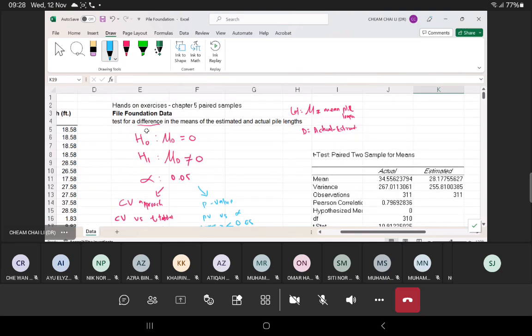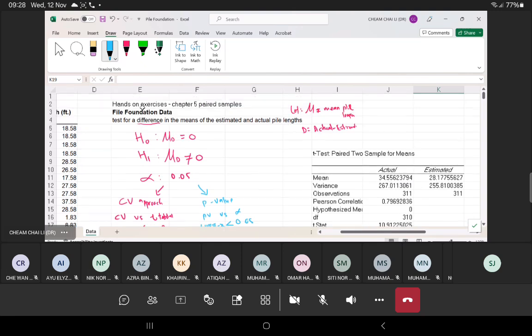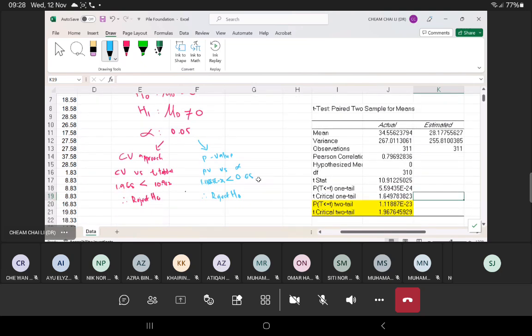So in this case, you can say that there's sufficient evidence to support the alternative hypothesis that there is a difference in the means of the estimated and the actual power length. So you boleh ambil balik statement yang ada di sini. So that is a significant difference in the means of the estimated and the actual power length. Right, so that is your conclusion.